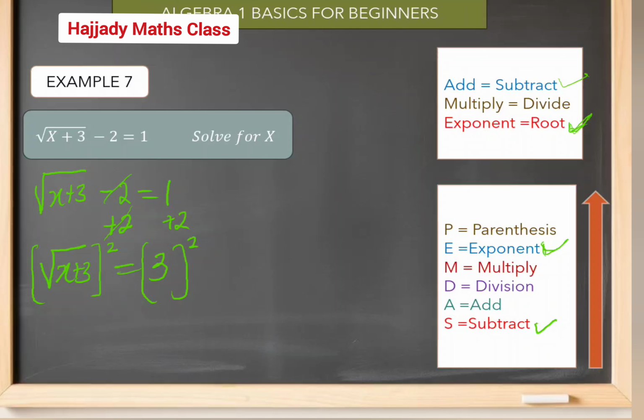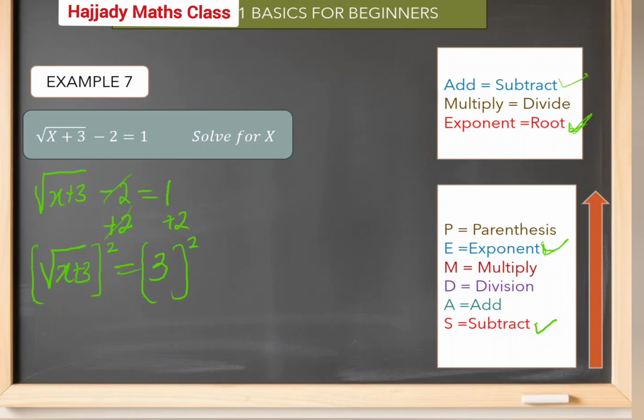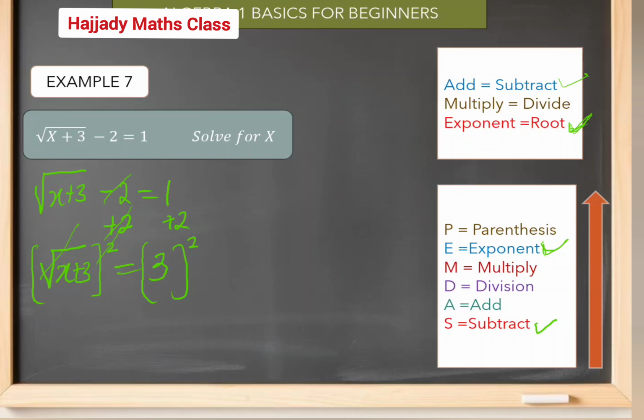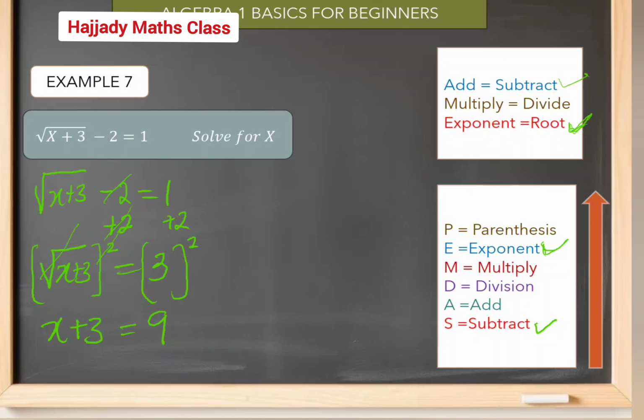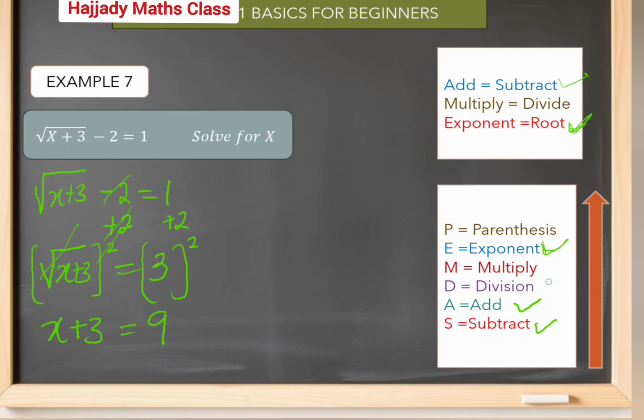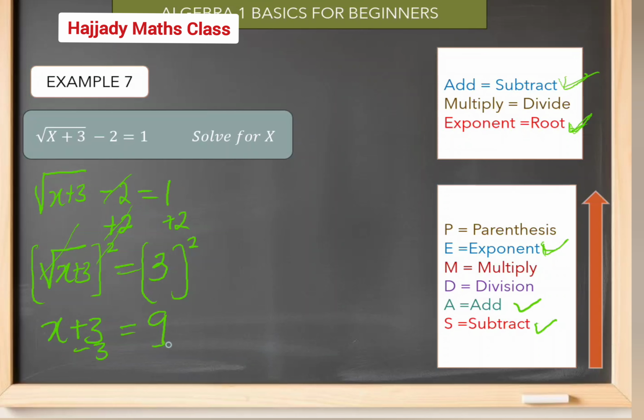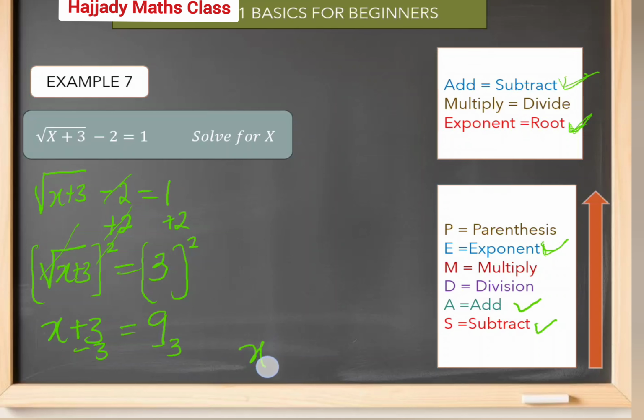If it is cube root, you find the cube root of both sides, so that this can eliminate the square root. On the left side, we have x plus 3. On the right side, we have 9. So, applying the same rule, when you have addition, the inverse is going to be subtraction. Negative 3, negative 3. And finally, we have x equals 6.